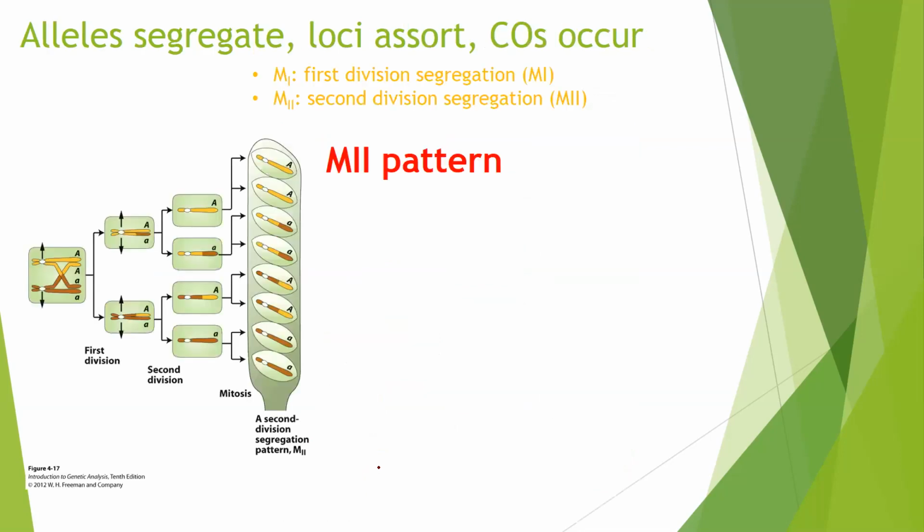Okay, now let's look at this. So if there's a crossover between these two parents, then what happens? This is the first division. Did you see the segregation? No, because of the crossover. So the big A and the small a both go together to this cell and this cell. So you do not see the clear segregation between these two alleles at M1 stage, right?